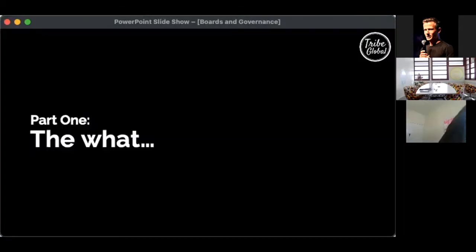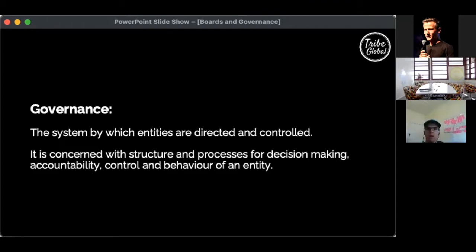So we'll just start by what we mean by governance. And I know that I've put boards into the definition of today, like boards and governance, but really we're talking about governance beyond just simply boards and boards of directors. So when we talk about governance, we mean all of the systems by which we can direct and control the organisation.